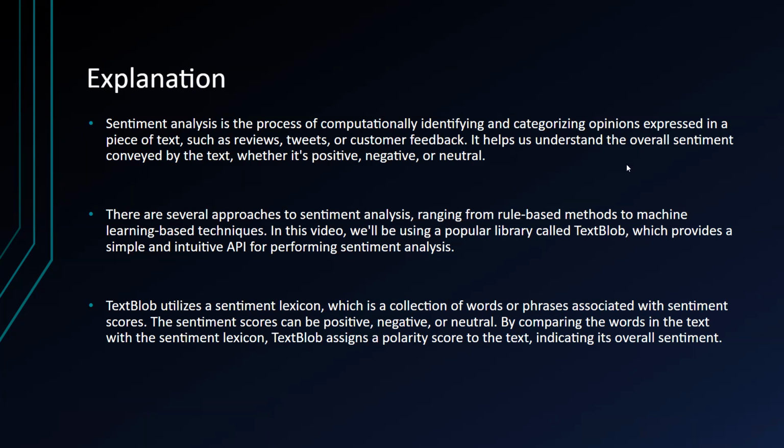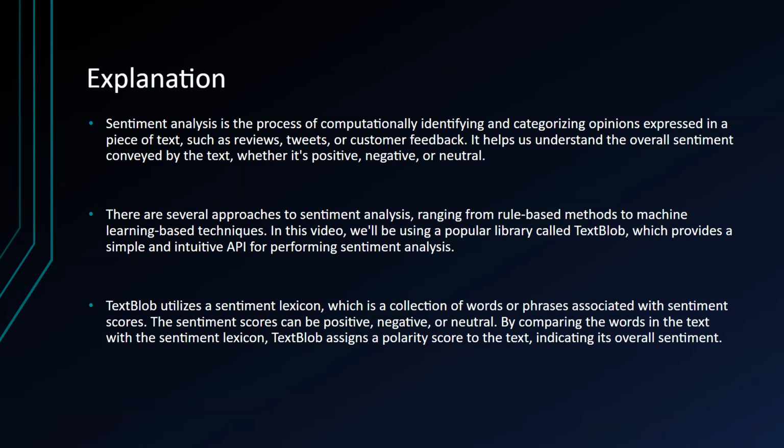There are different approaches to sentiment analysis, from rule-based methods to machine learning-based algorithms and techniques. In this video, we'll use TextBlob, a popular Python library which provides a simple and intuitive API for performing sentiment analysis.